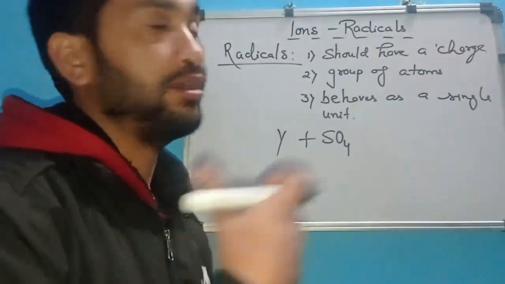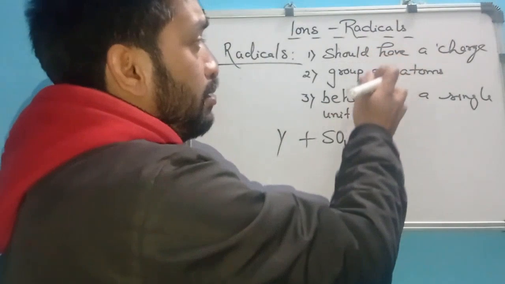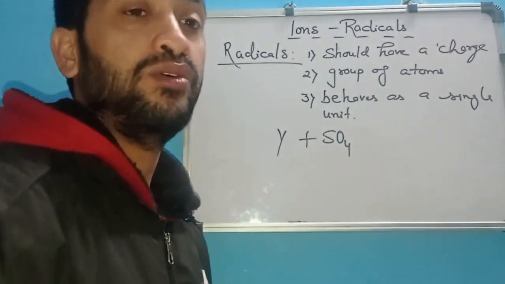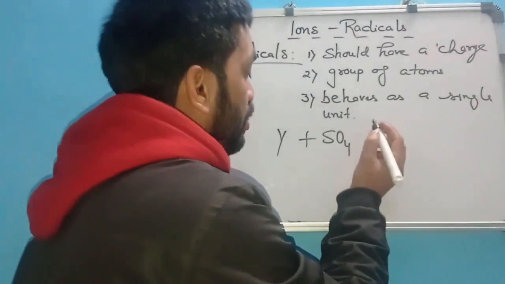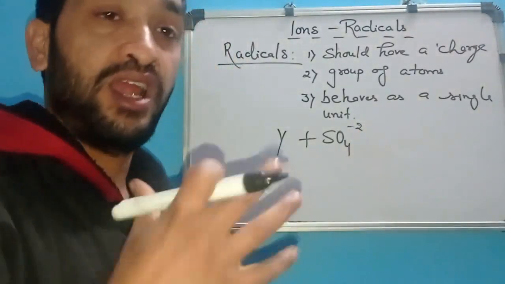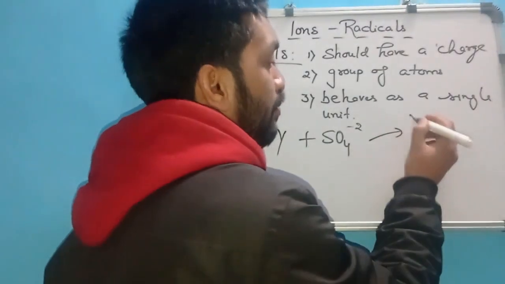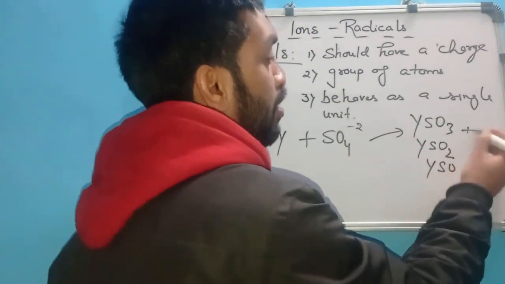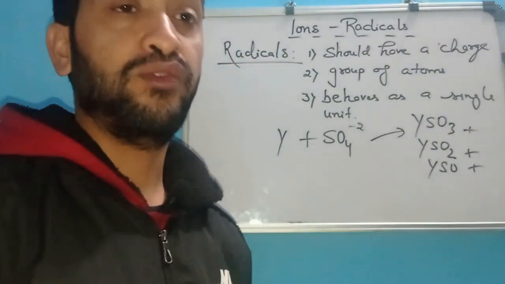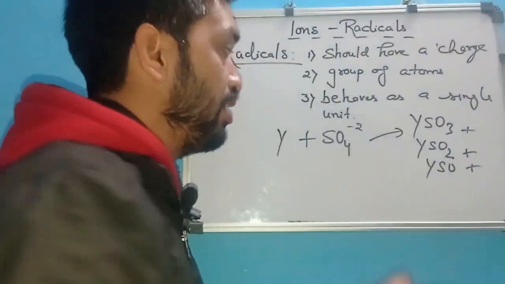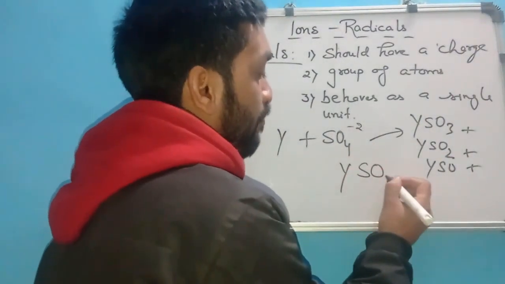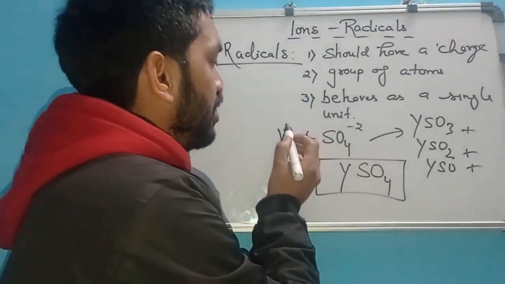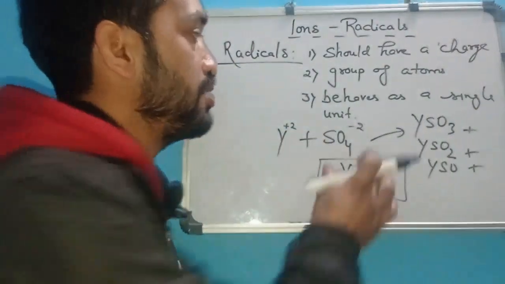After some time we will clarify it with the help of these three points, but for now, just remember that SO4 is a radical. If SO4 is adding to Y, it will never go for YSO3, YSO2 or YSO and some part is left like this. No, it won't. If SO4 migrates, it will migrate as YSO4 as a whole. Let's take that Y is positively charged +2 and SO4 is -2, so that charge is cancelled.